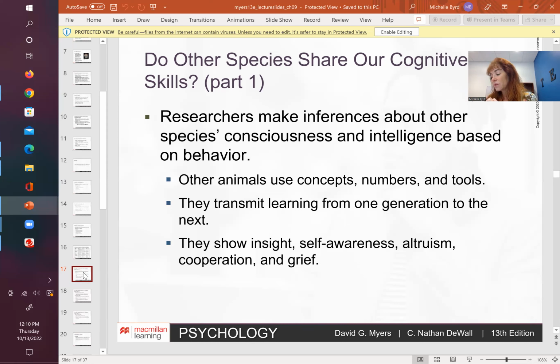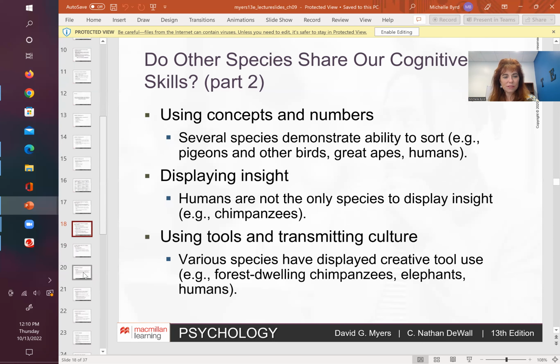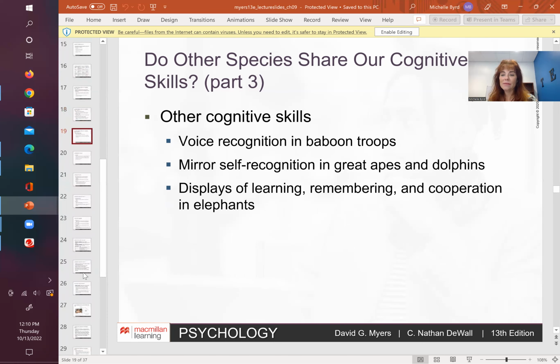So this shows them using tools. That would be the behavior that we would be looking at there. They had insight, and they do pass down a lot of this insight from one generation to the next.